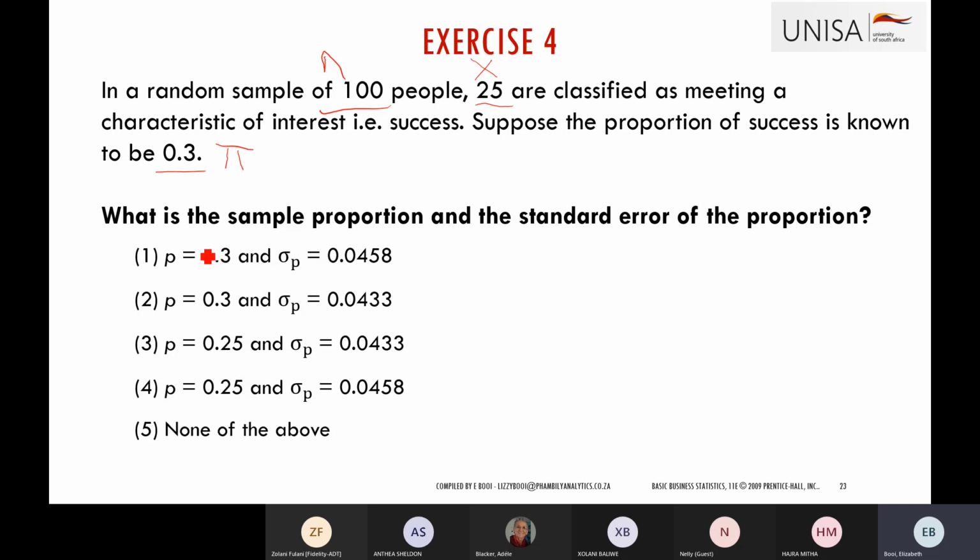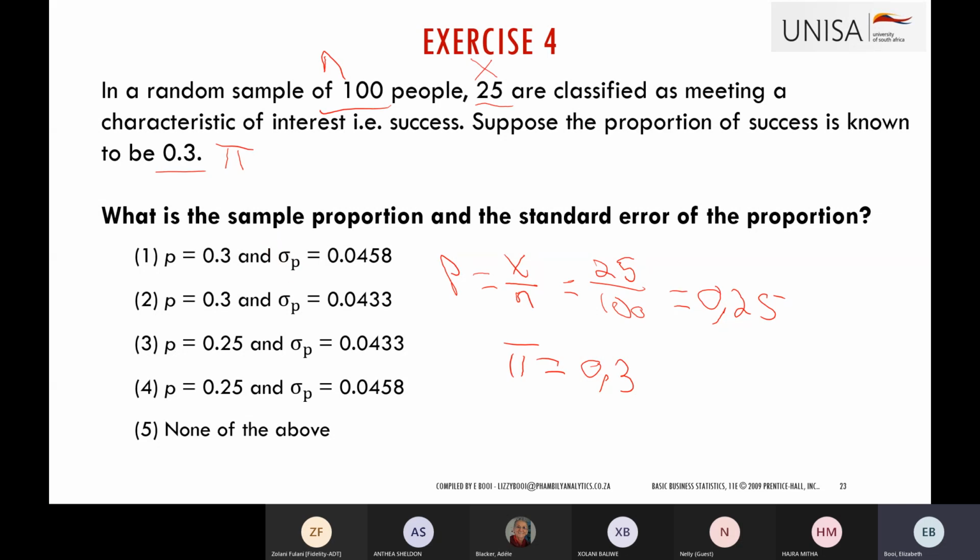The first question was, what is P? P is X divided by N, 25 divided by 100. What do you get? 0.25. And your pi is 0.3.